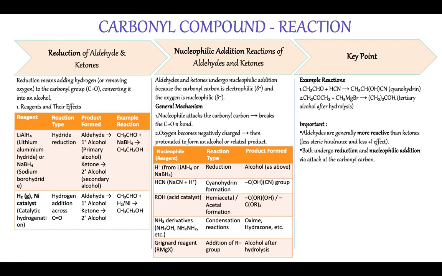And then we have the reaction type when we use ROH with an acid catalyst, which is acetal formation, and also the condensation reactions where the product formed is oxime or hydrazone. Finally, we have the addition of R negative groups, giving alcohol after hydrolysis.